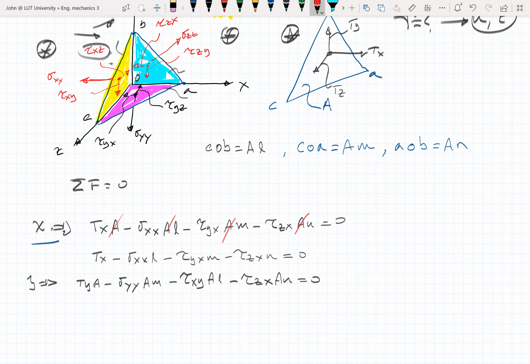Again, I could get rid of this one and I can rewrite this, but while I am rewriting it, I'm going to follow the convention LMN. It's going to be Ty minus tau xy l minus sigma y m minus tau zx n equal to 0.